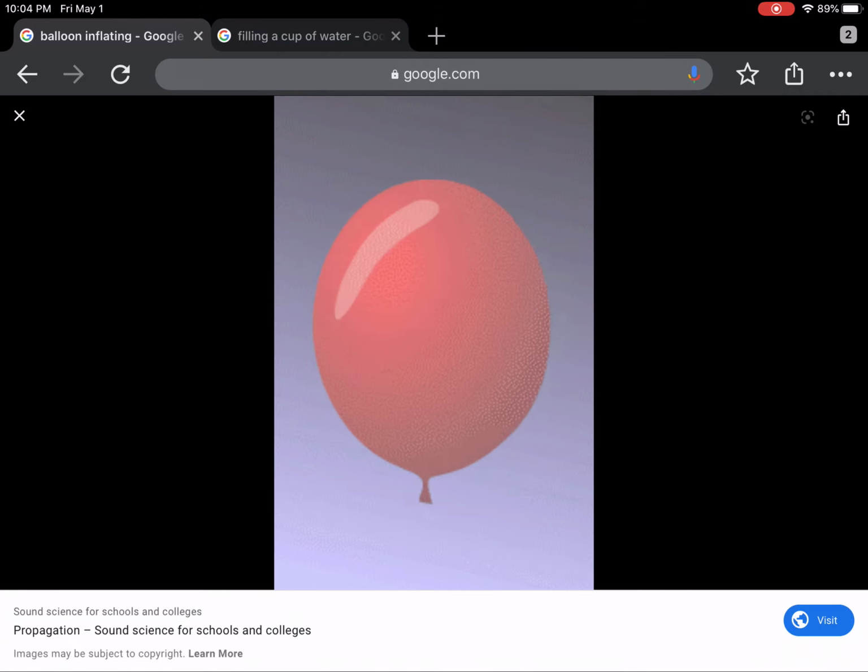What we want to focus on here is that as the balloon gets bigger, what geometric properties are changing? As you're inflating more air into this balloon, what is changing? Well, its radius is changing as time progresses.